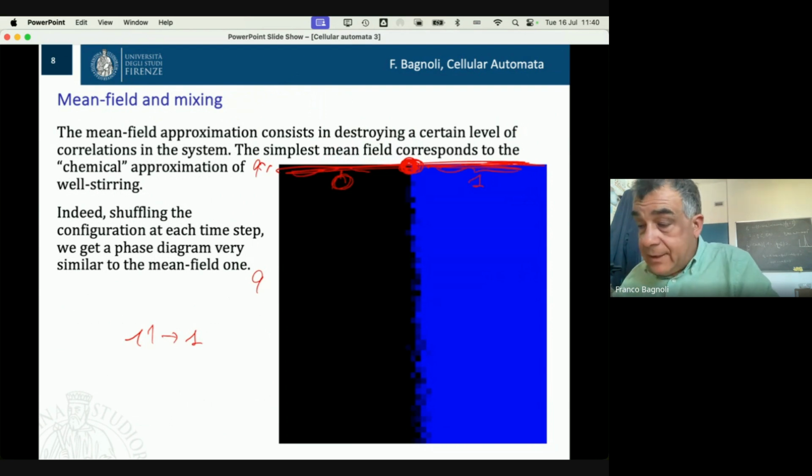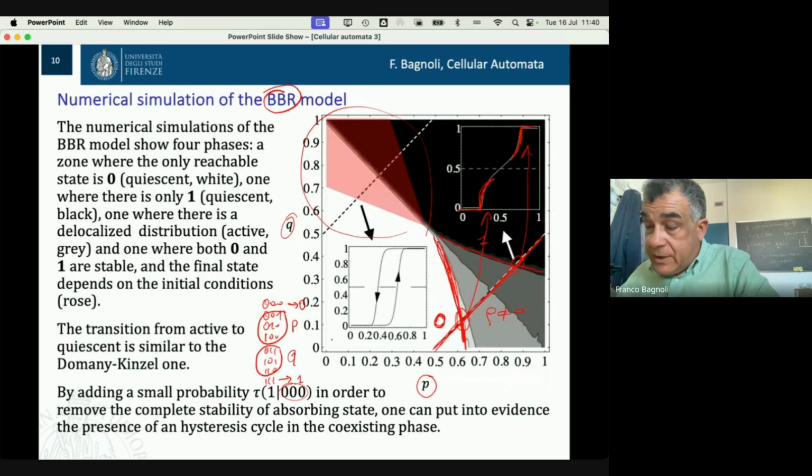So essentially, the BBR model allows us to expand this line into a whole space, and in this space you have again a transition from 0, but now not into an active phase, but directly into the phase 1 if you come from this direction, or from 1 into 0 if you are coming from this direction.